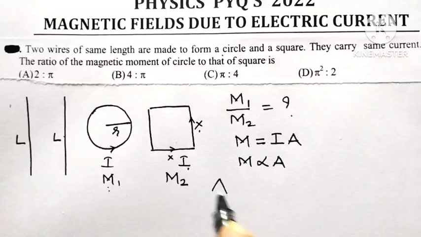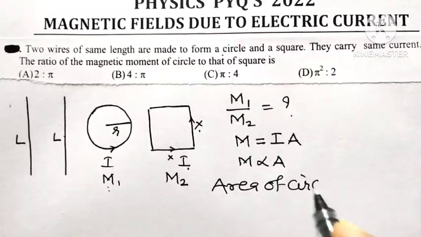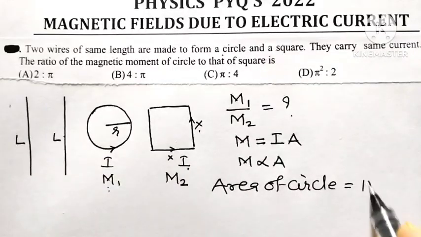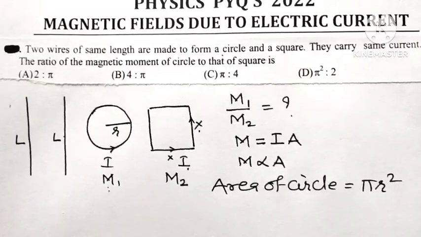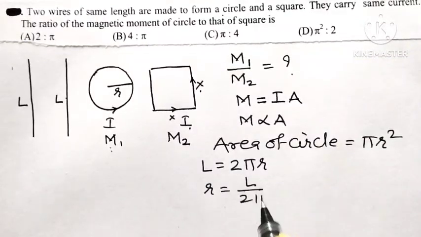What is the area of the circle? Because this circle is of radius r, its area is pi r square. We know L is the length of the wire, and this length of wire is equal to the circumference of the circle, so the radius is equal to L divided by 2 pi.